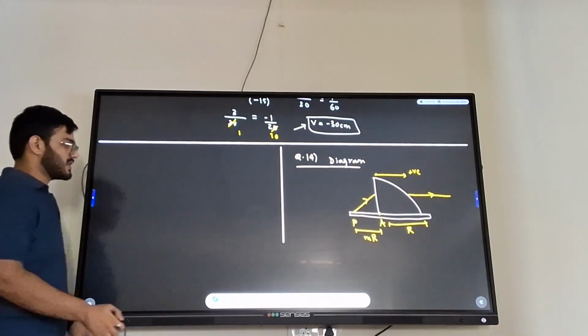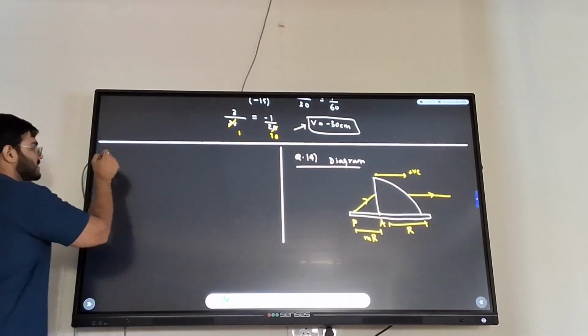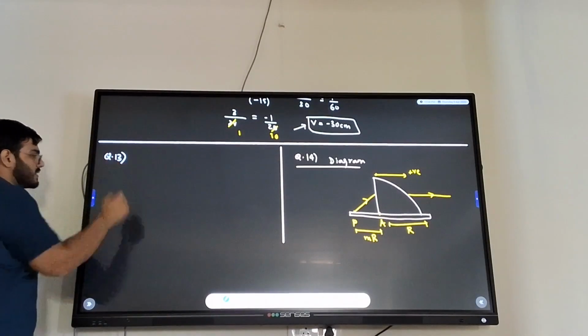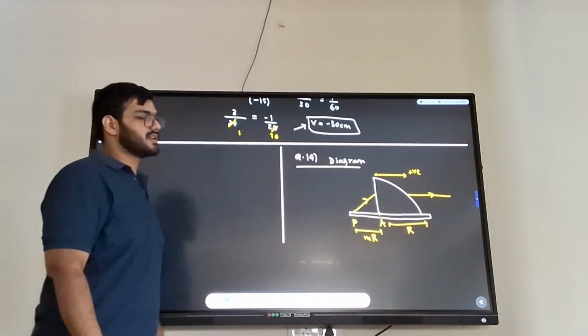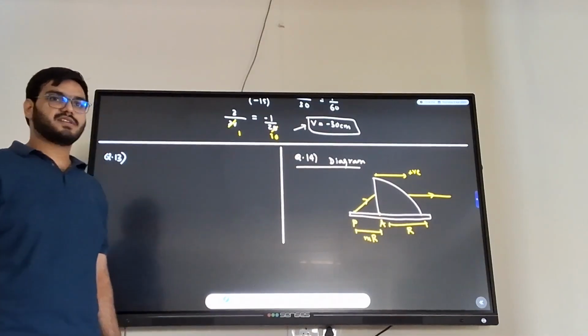This is given question number 14 and this is question number 13. I will do it. So I will start question number 13 in 2 minutes. Please attempt.